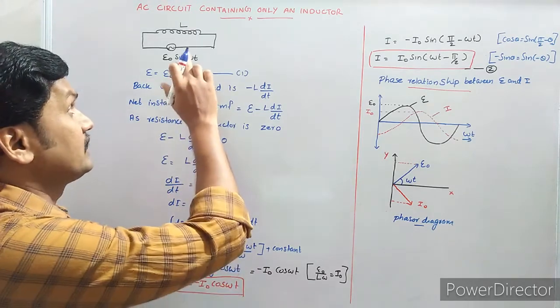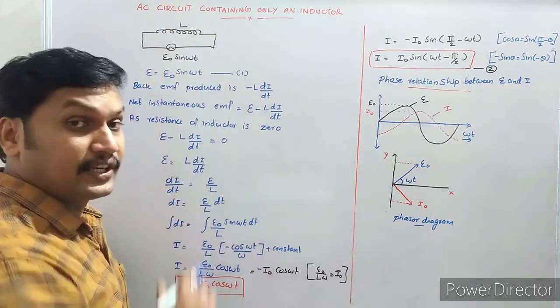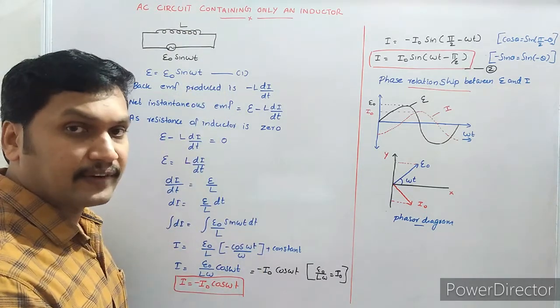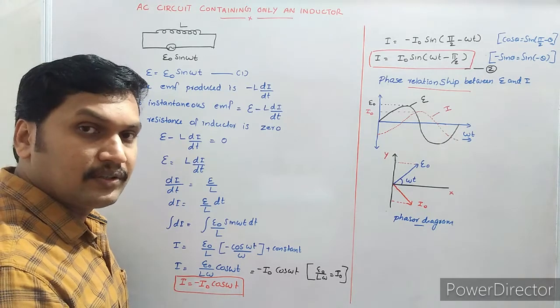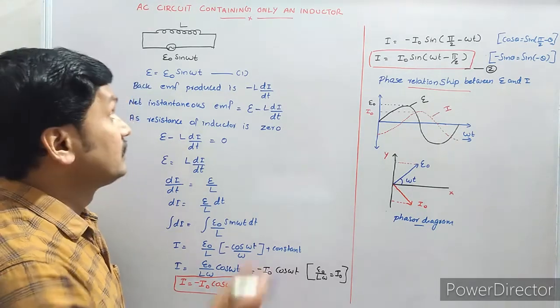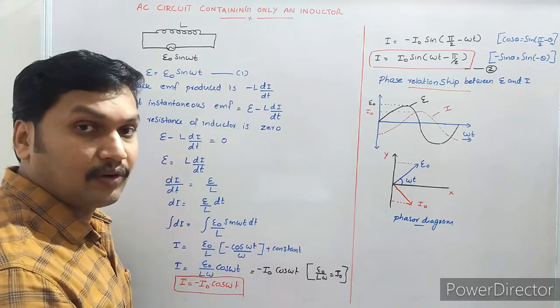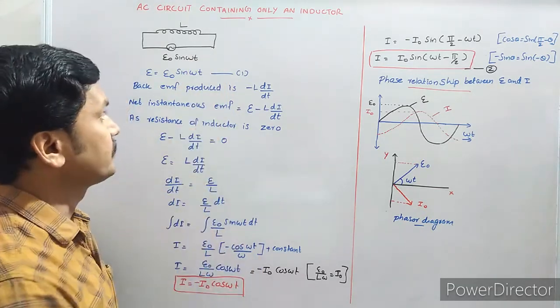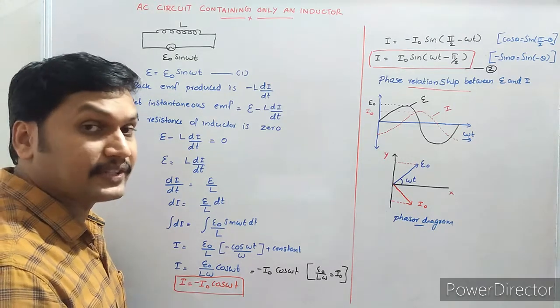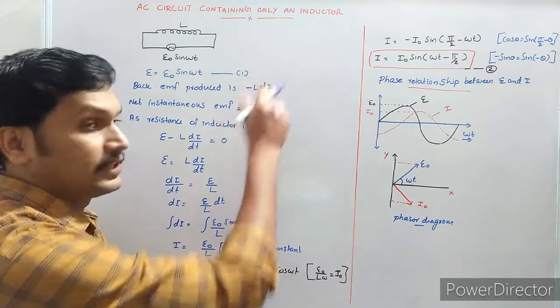Once it is an AC source, there is a growth and decay of current. Because of this change in current, it produces a back EMF or opposing EMF in the circuit. This opposing EMF depends on the rate of change of current.